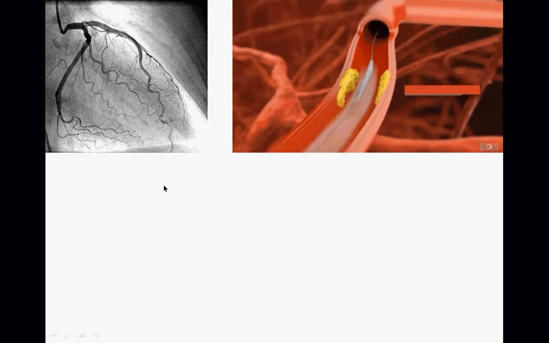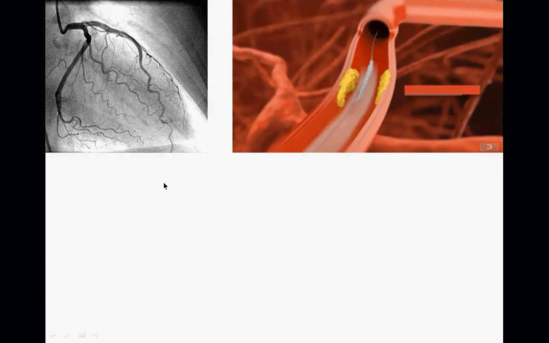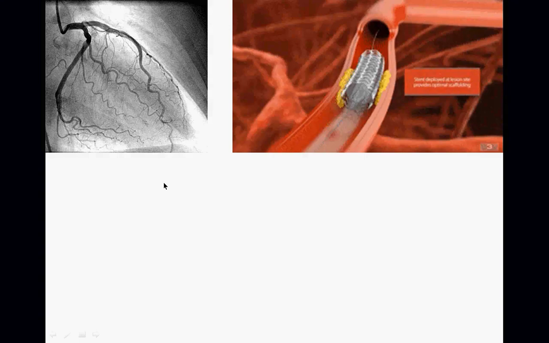So now you know where the block is. You will have to relieve it to maintain the blood supply. So what they do is go either through the wrist route or the groin route. In the wrist route, they go through the radial artery, and in the groin route, they go through the femoral artery. A catheter is introduced with an inflatable balloon at its tip. Once they reach the site of blockade, the balloon is inflated.